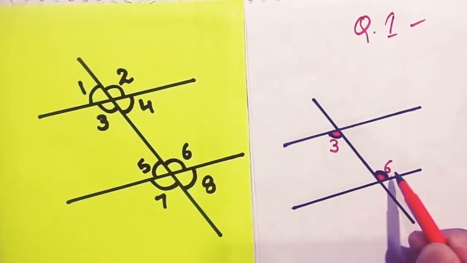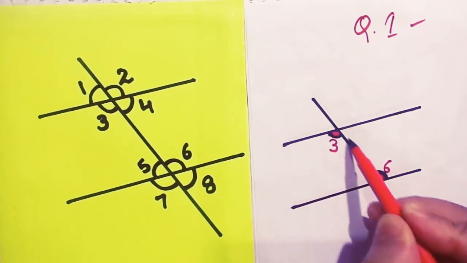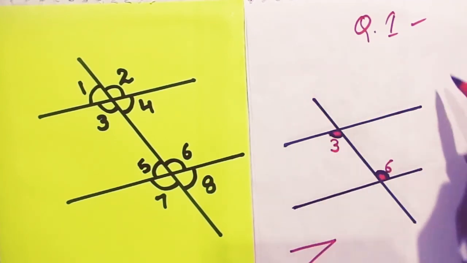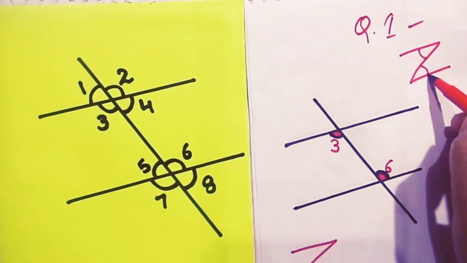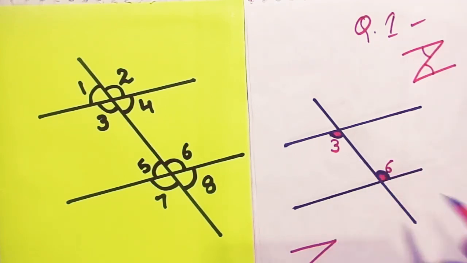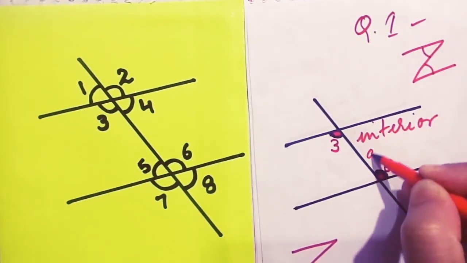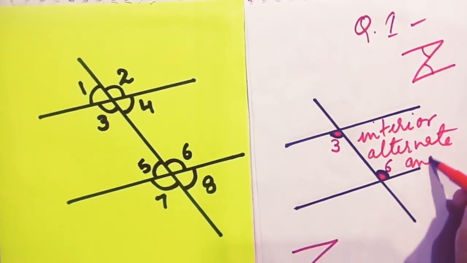Now 3 and 6. So 3 and 6, my dear, they are known as interior alternate. You can clearly see that the angle formed is somewhat like a Z. So when an angle is formed somewhat like Z, then these two angles are known as interior alternate angles.